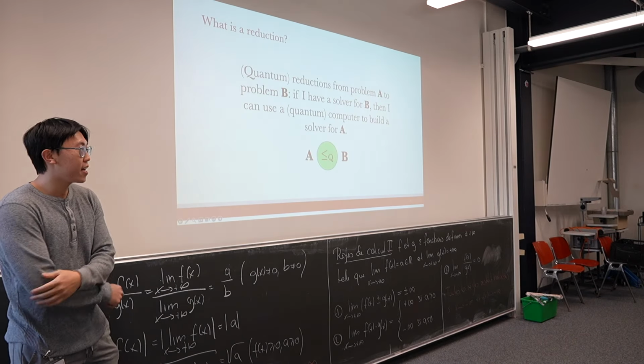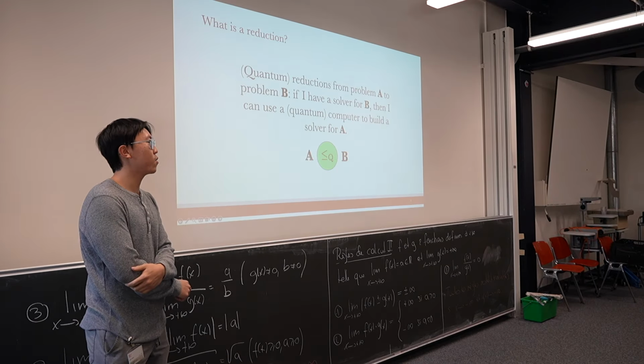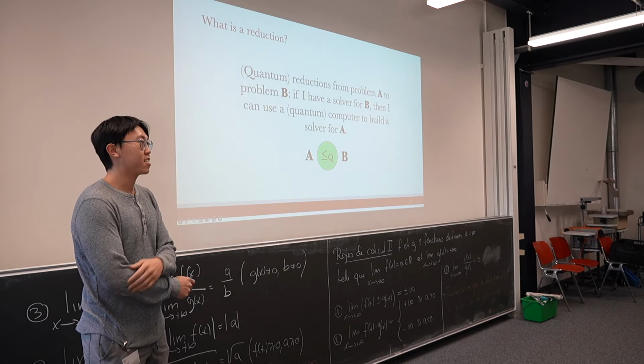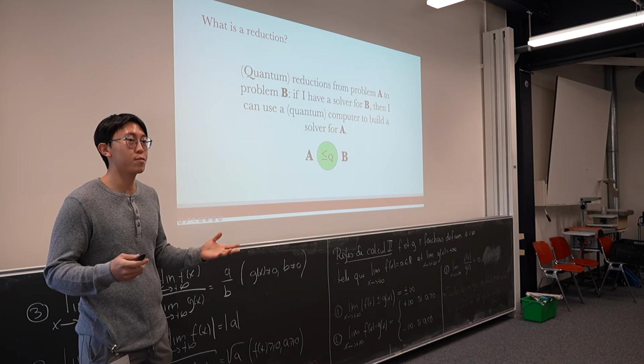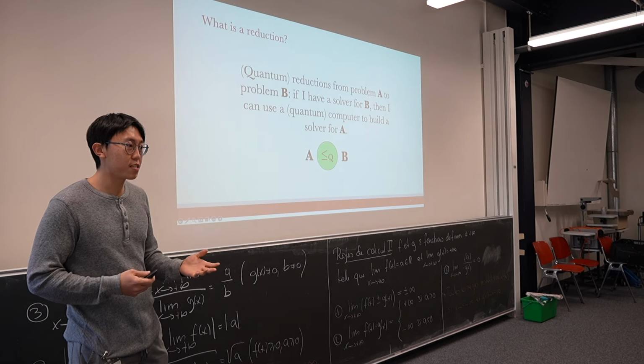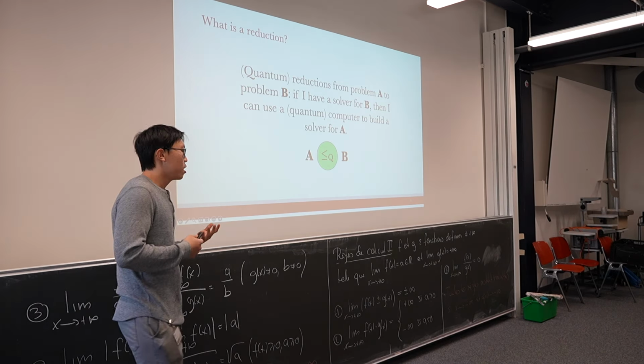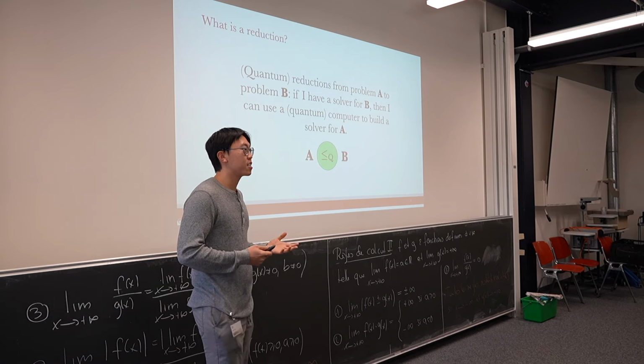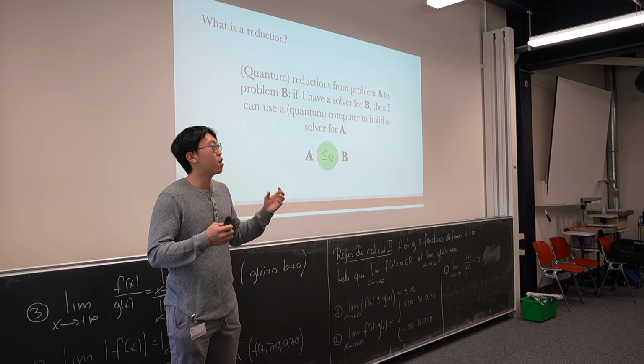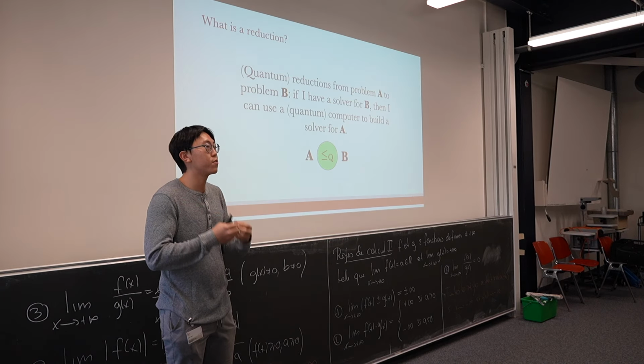So HDQI is a talk about reductions. Just to make sure we're all on the same page, I'm going to start by telling you what a quantum reduction is. Generally, reductions are how computer scientists formally reason about relating the hardness of one problem to the hardness of another problem.